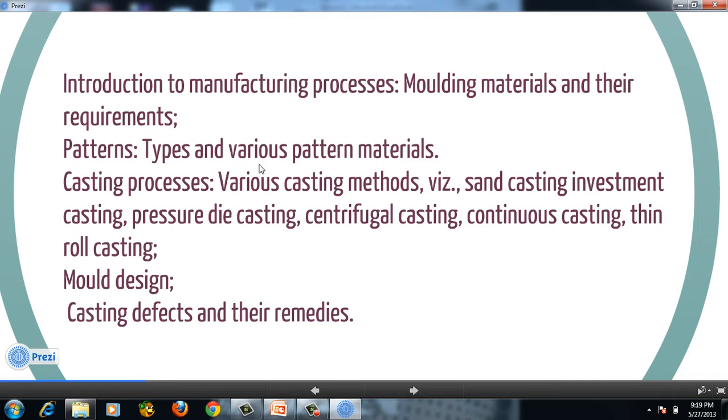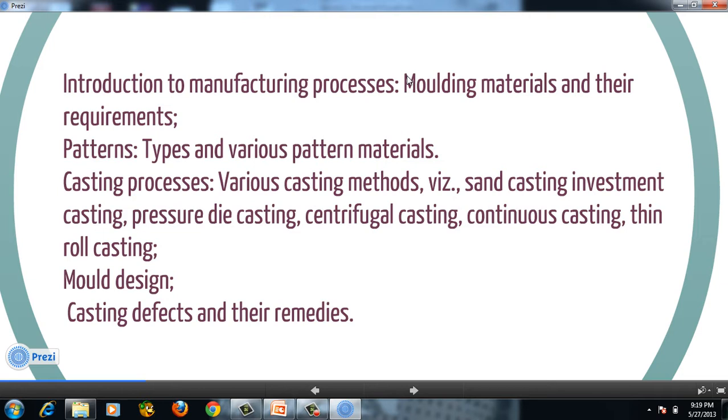All these molding materials and their requirements, in the coming classes we can understand what they are. But as of now this entire circle, this entire syllabus here, is related to the casting process, or I would say metal casting. In that, we have molding materials and their requirements, patterns, types and various pattern materials, and various casting processes: sand casting, pressure die casting, centrifugal casting, continuous casting, thin roll casting.